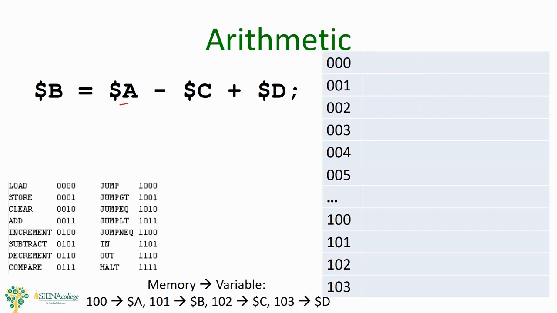We're going to load A into the register, subtract the value of C from it, and then add D. Lastly, we'll store it back into B. So A is at location 100, so load 100, subtract C, C is at 102, add D, which is at 103, and lastly, store the result into $B.